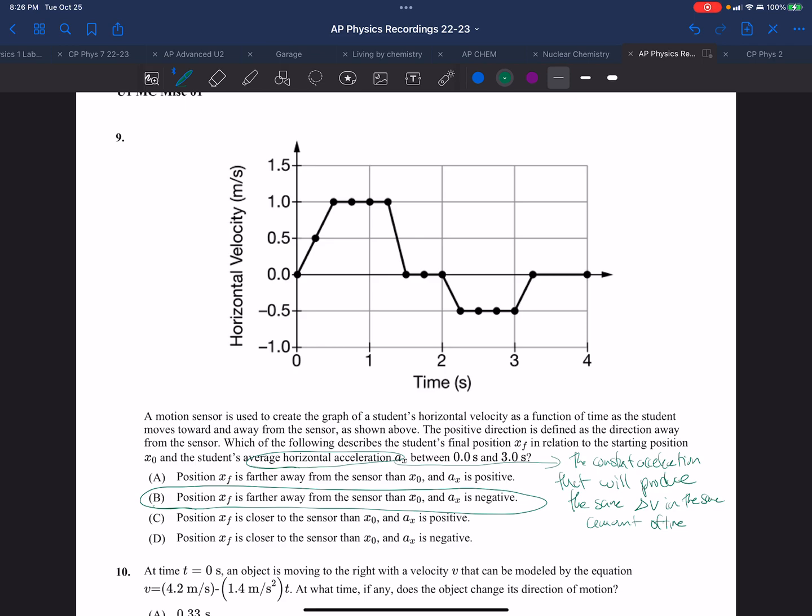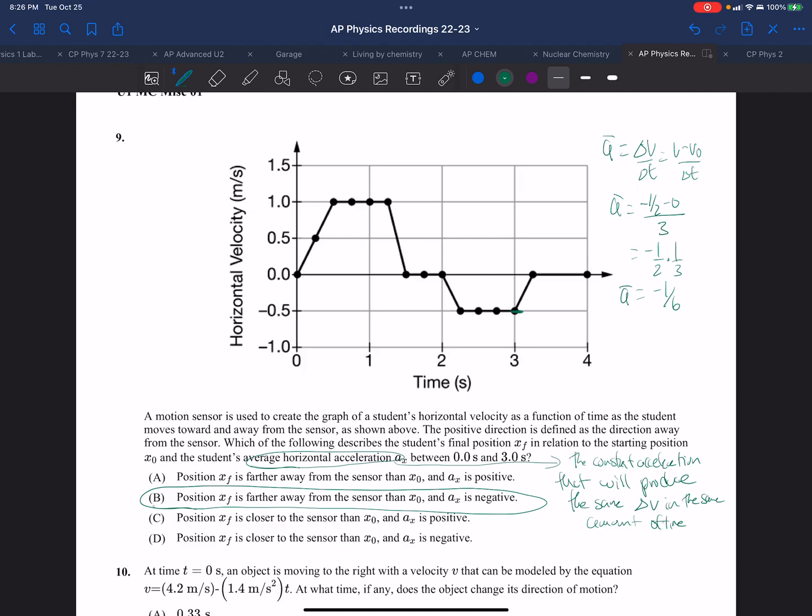Well, if that is true, then that average acceleration will be delta V over delta T. And delta V is V minus V0 over delta T. So that average acceleration, the final velocity, is minus 0.5, minus 1/2. And the initial velocity is 0, and the time over which that happens is 3 seconds. So that's minus 1/2 times 1/3, which is minus 1/6. So the average acceleration would be minus 1/6.